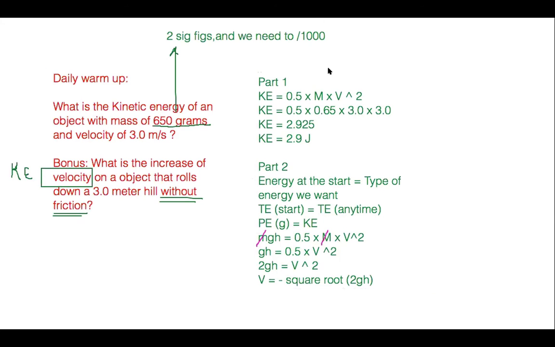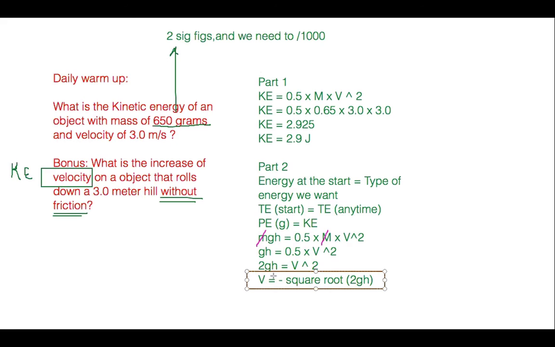Make sure you have it for Thursday, because on Thursday, you're going to have the opportunity to use this equation. That's a big hint for you guys. This is a very important equation that relates potential energy due to gravity to kinetic energy. There will be one of these on Thursday. So we'll go ahead and box this.